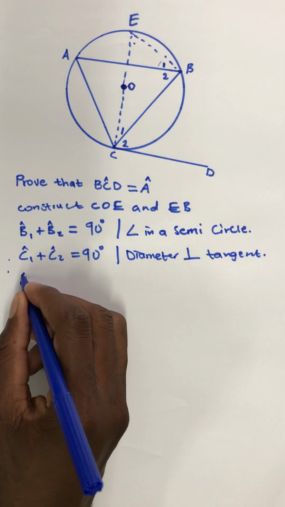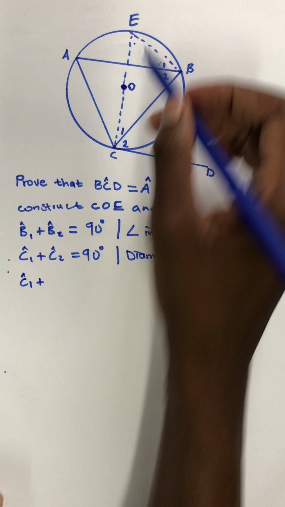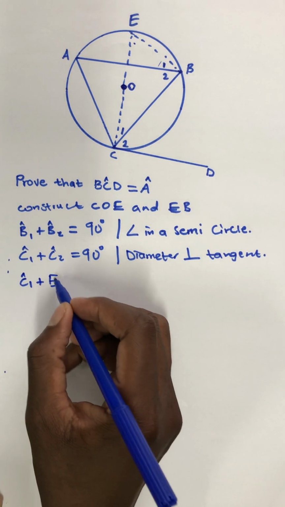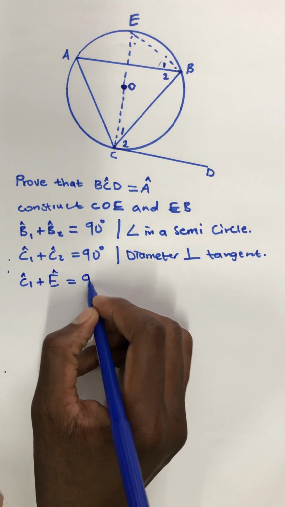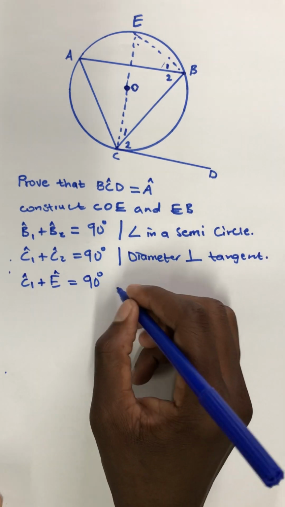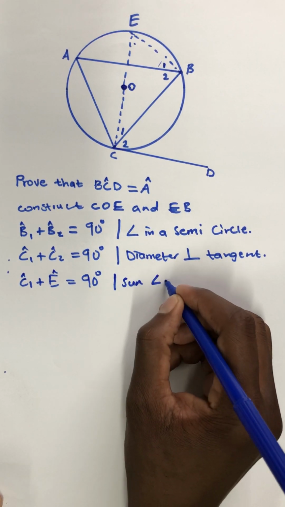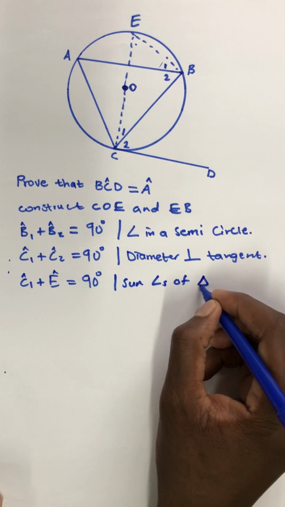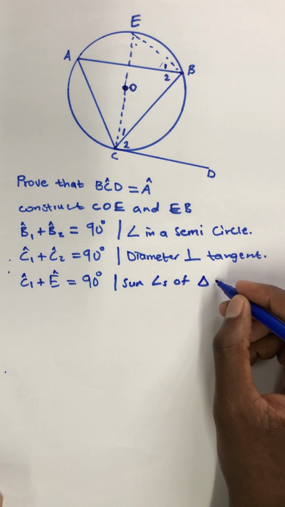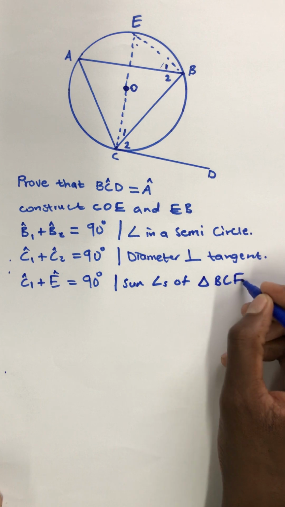So we say C1 plus angle E is equal to 90 degrees. This we can say is the sum of angles of a triangle, triangle BCE.